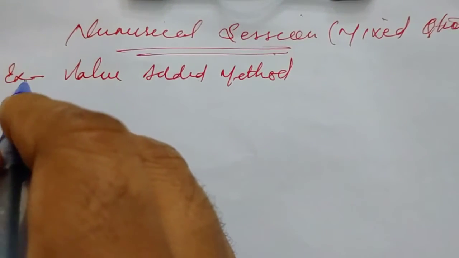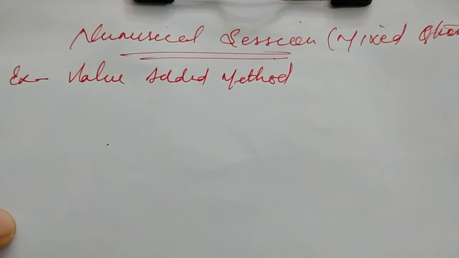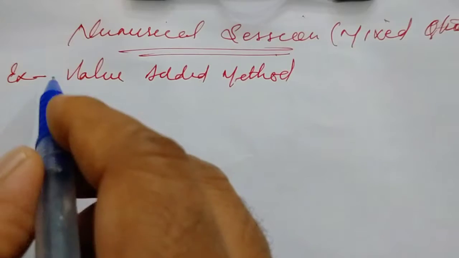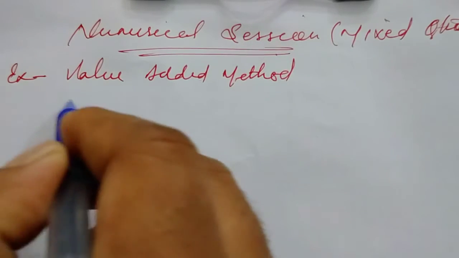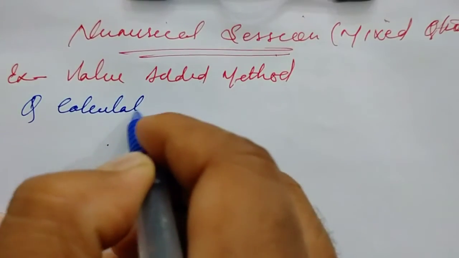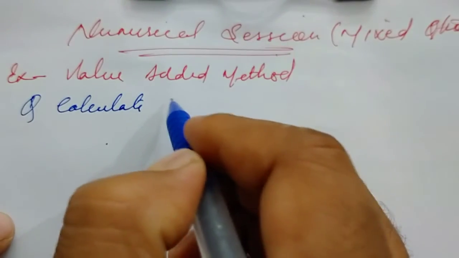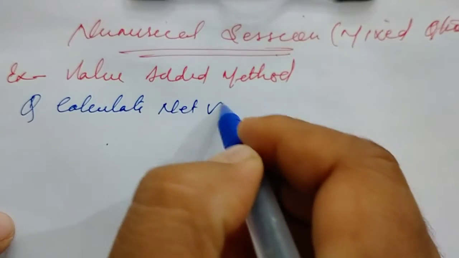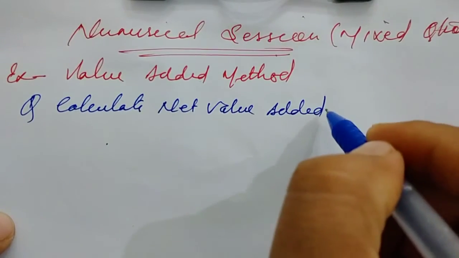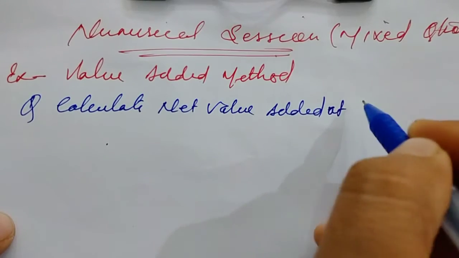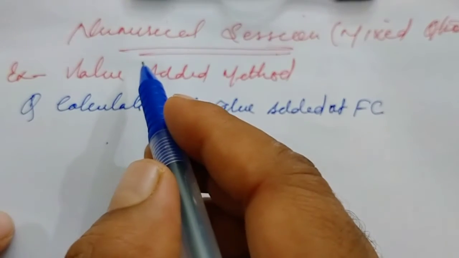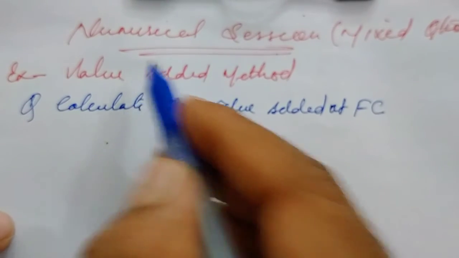Example 1 says: calculate net value added at factor cost.